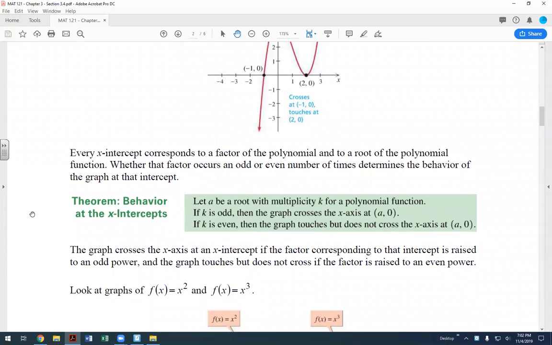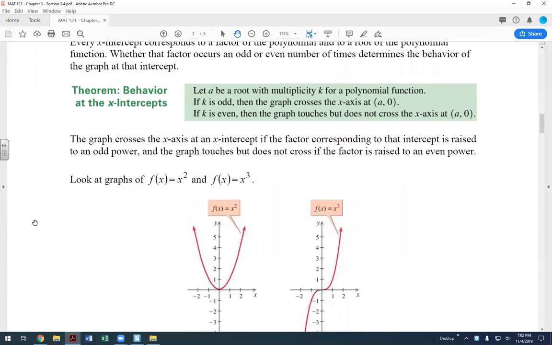If your root has a multiplicity of k, because this one here, 2, 0, has a multiplicity of 2, and -1 has a multiplicity of 1. When your multiplicity is an even number, your graph touches, does not cross. When your multiplicity is an odd number, your graph will cross the x-axis. So that's how the behavior for your x-intercept works.